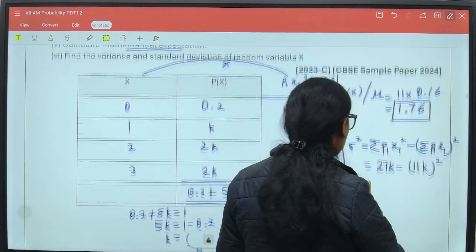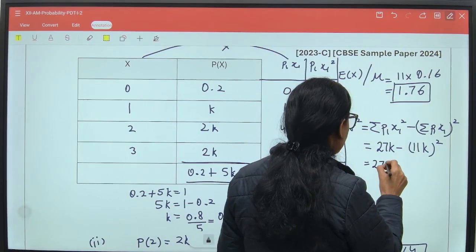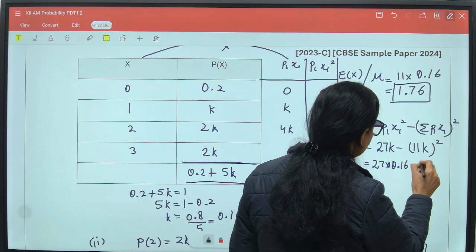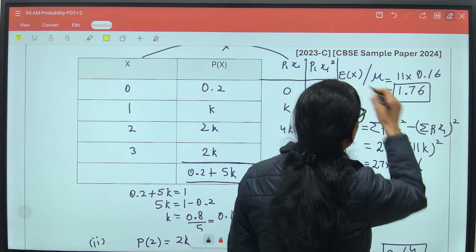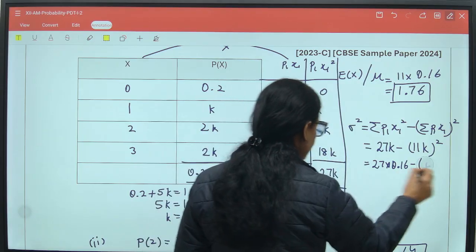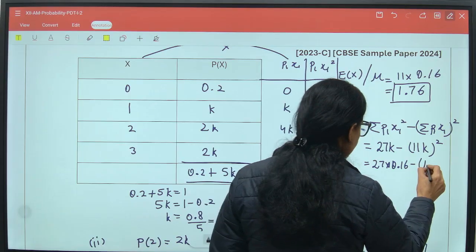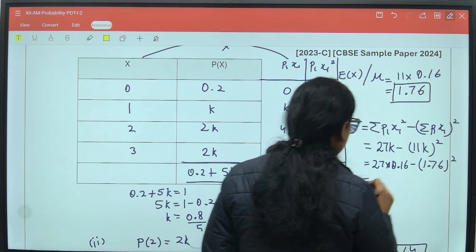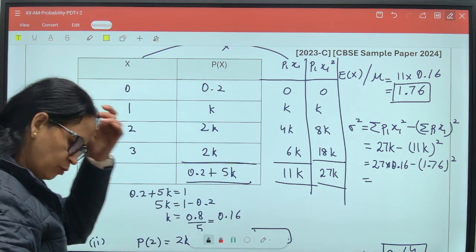So let's calculate all these values now. 27 into 0.16 minus 11k we have already calculated, that is 1.76. So we can directly write this value here. 1.76 whole square. So what is 27 into 0.16?